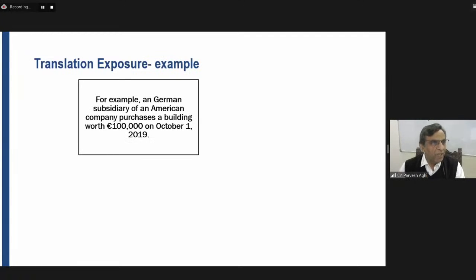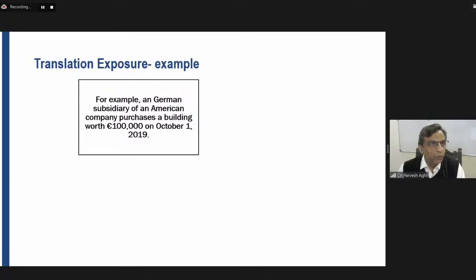Let's take, for example, a German subsidiary of an American company that purchases a building worth 1 lakh euros on 1st October 2019. Mind you, it's a German subsidiary, and the American company is the holding company.